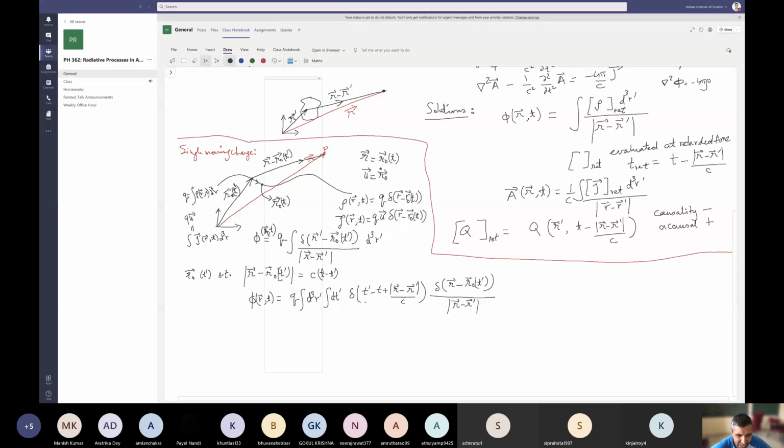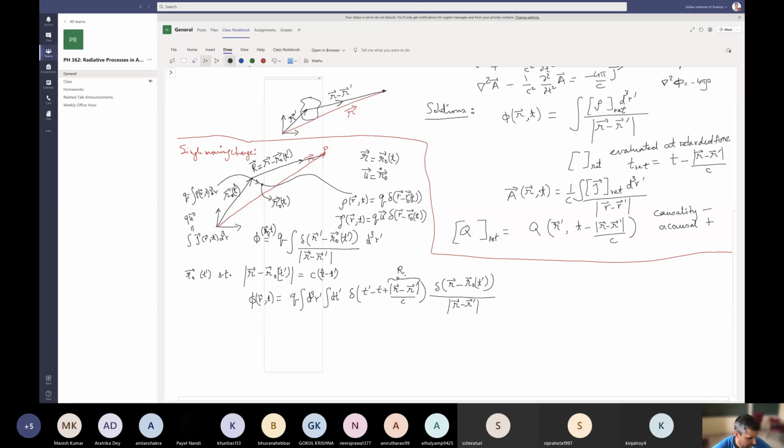So this is just a mathematical way of imposing what we want. And we can call this capital R, and this is nothing but capital R.